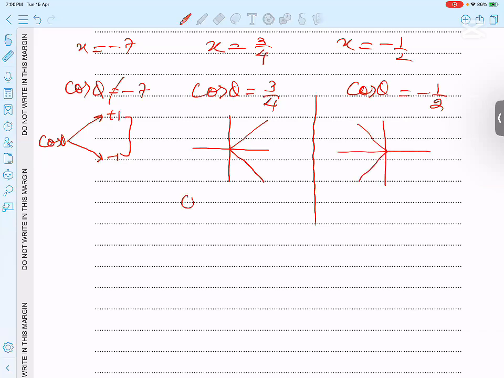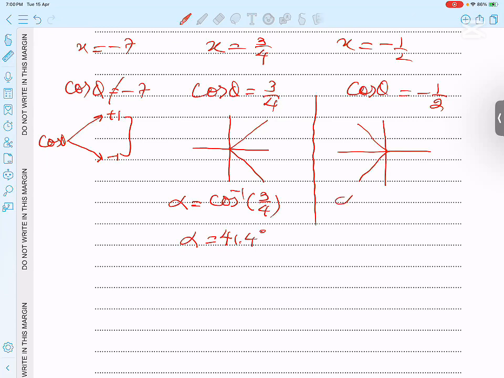So for theta, I take a principal angle, cos inverse, and make sure the previous question we did in radians, so our calculator must be in degree mode now. So I'm getting 41.4 degree.